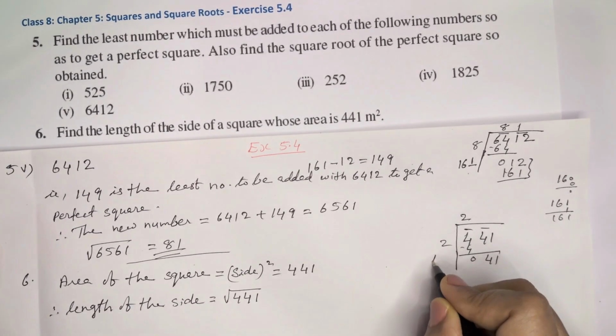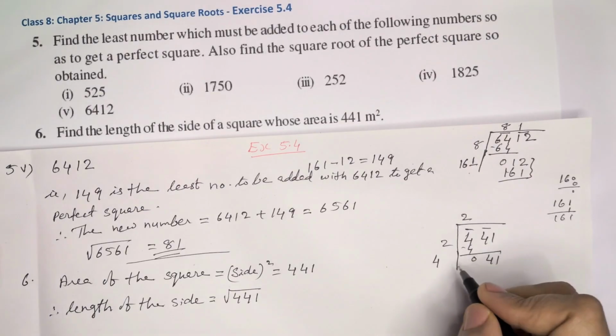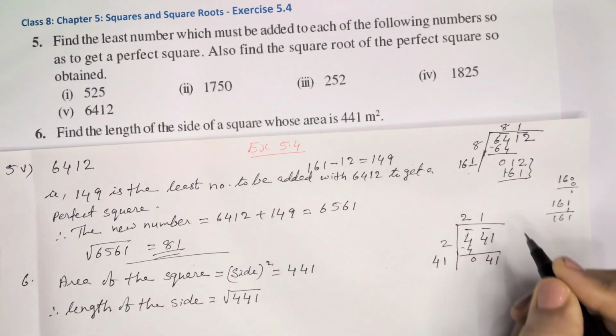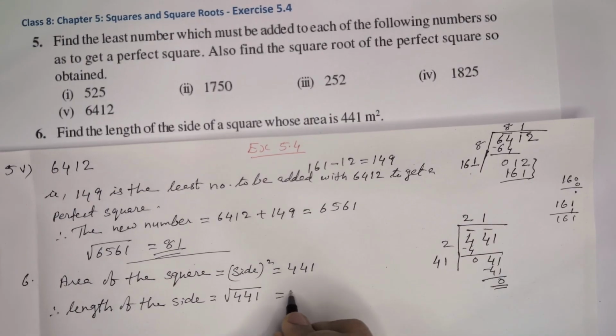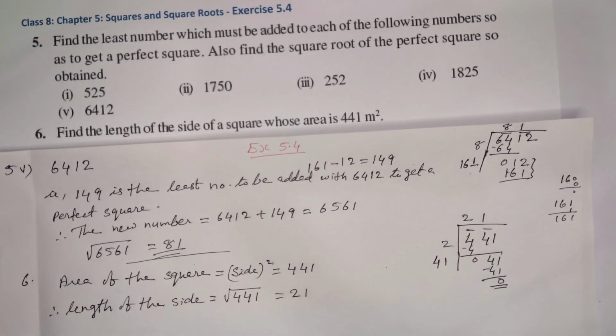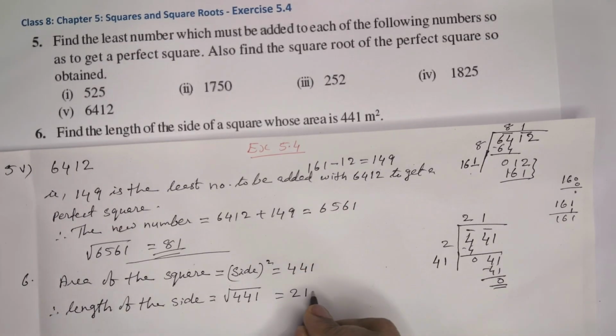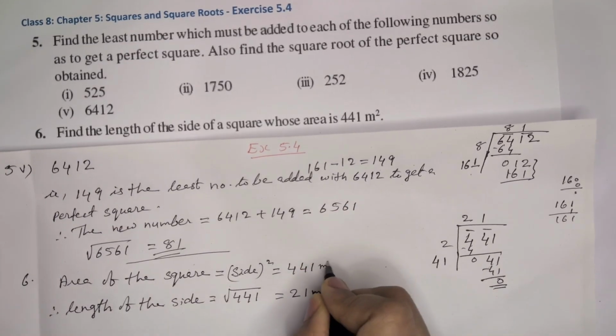And we are taking that double, here 4 and 1, 41 into 1. So it's equal to 21. So we can write the length of the side of the square is equal to 21 meter. This is 1 meter square area.